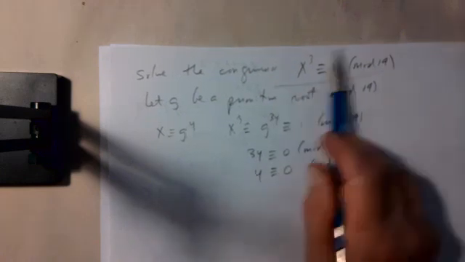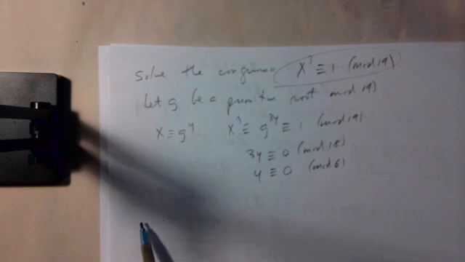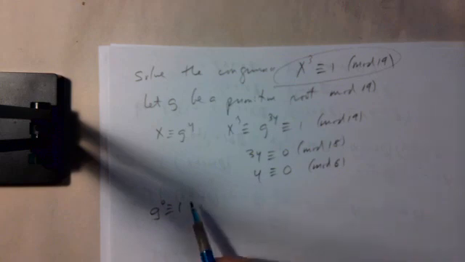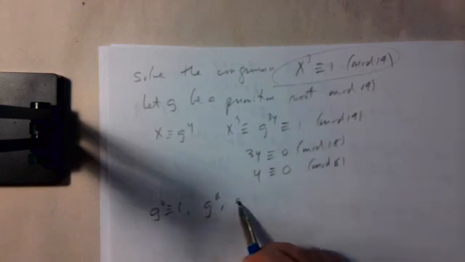So the solutions of this congruence are g to the 0, which is 1, because 1 cubed is 1, g to the 6th, and g to the 12th.